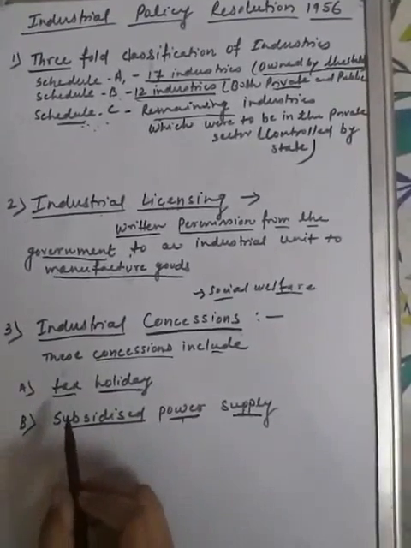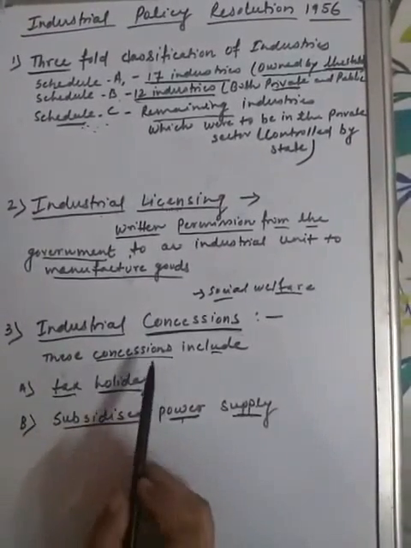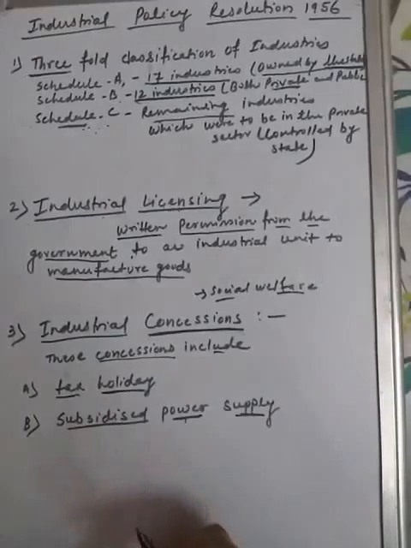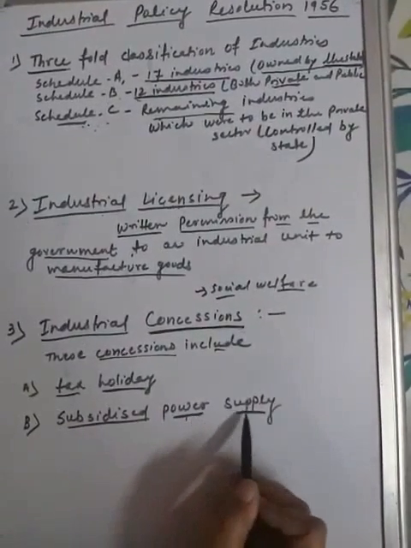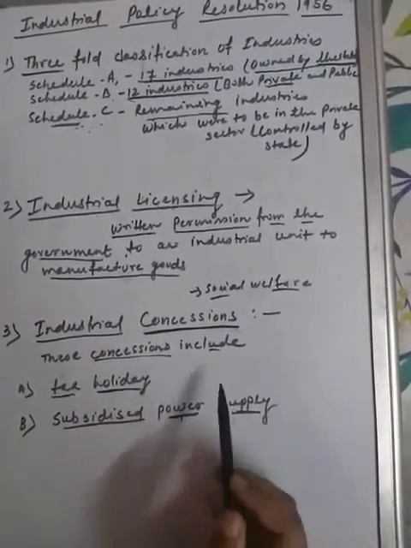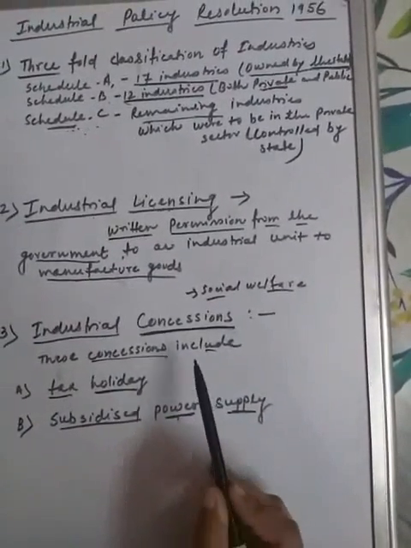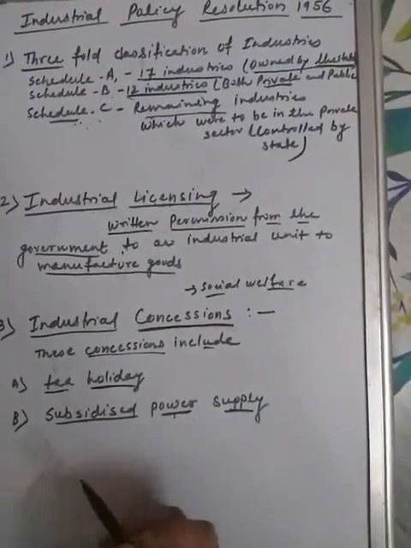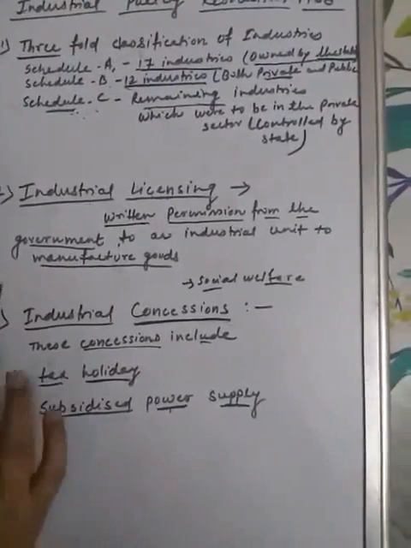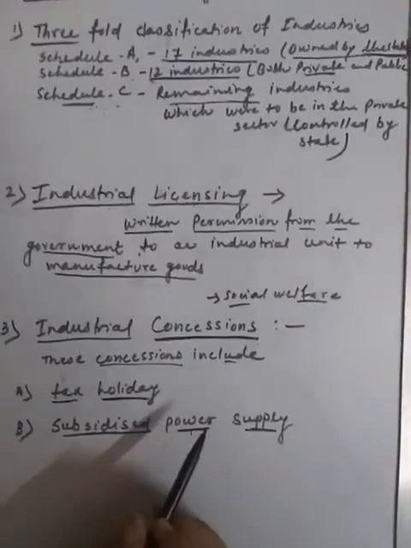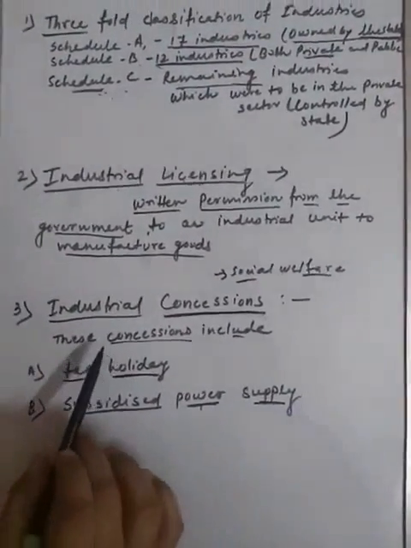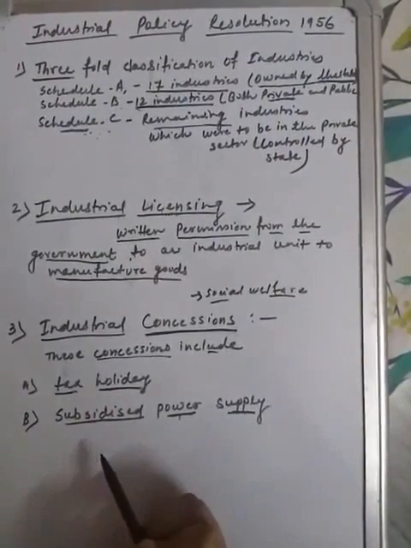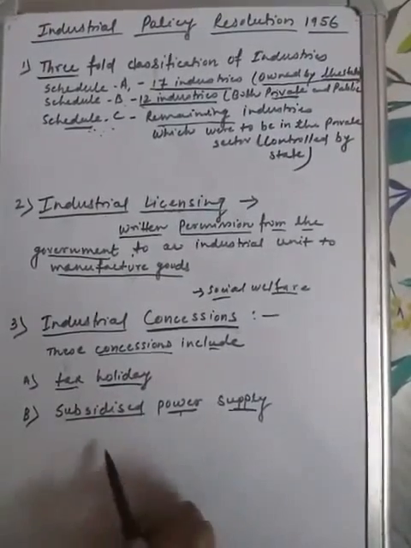So the government basically offered two kinds of concession. The first one is tax holiday, and the second is subsidized power supply, if the private sector invests in the backward regions of the country. Like the policy of industrial licensing, the industrial concessions were expected to promote regional equality. The basic aim of the government was to promote regional equality and social welfare.